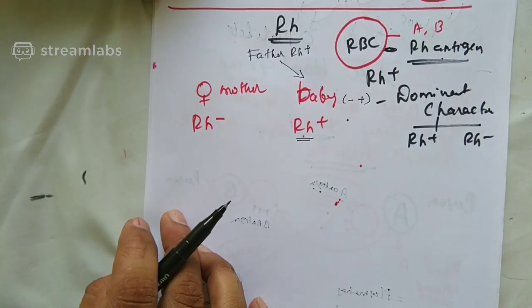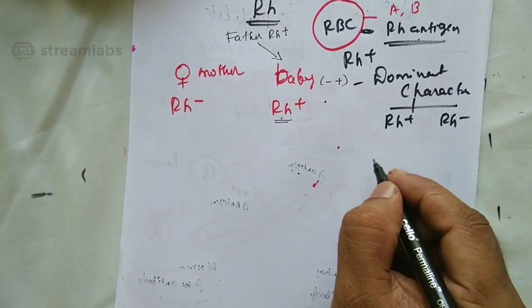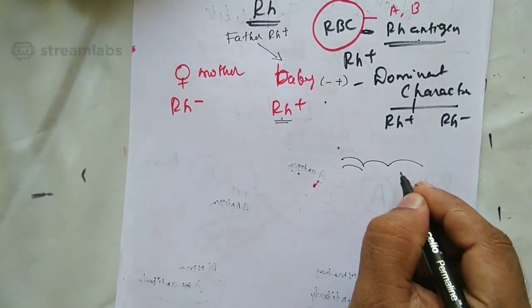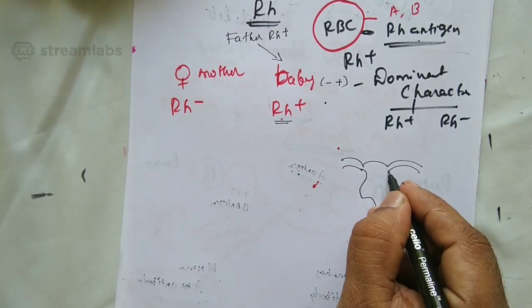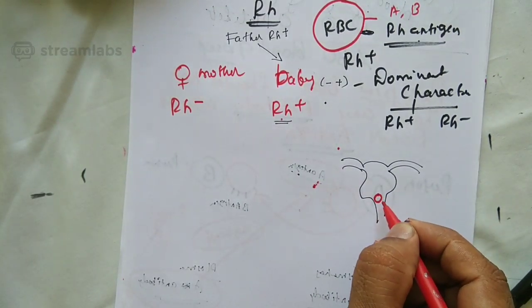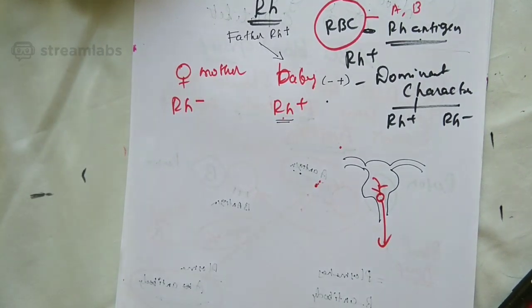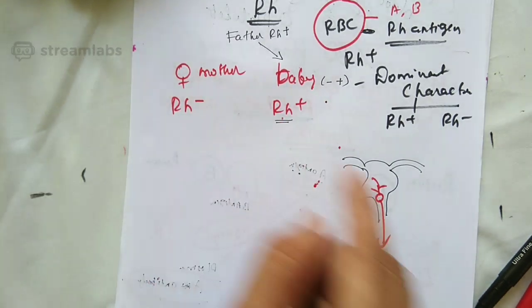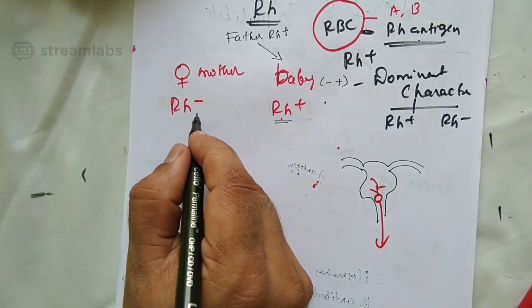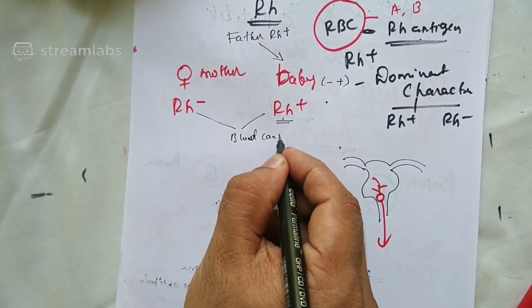See the conditions carefully here. What happens is, when a parturition occurs, friends, when a parturition occurs, means when a fetus comes out, during parturition, mother's and baby's blood can mix.